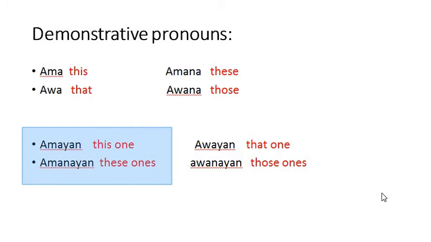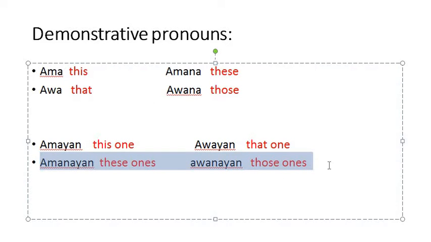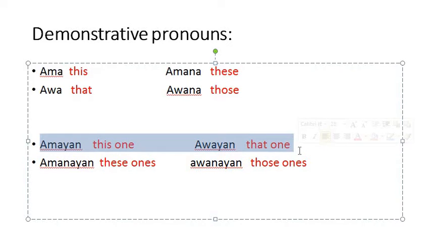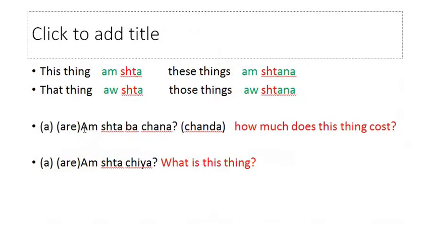And just useful phrases from here. Aman means this one. Awayan means that one. Amanan, these ones. Awanan, those ones. It may confuse you in some other Kurdish phrases, so don't worry about these last two. But aman and awan you may use a lot.